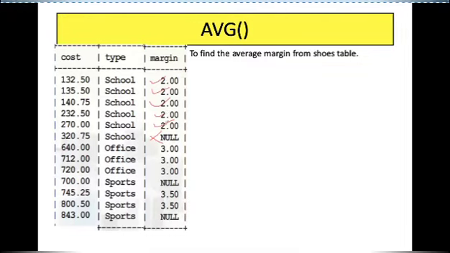So 1, 2, 3, 4, 5, 6, 7, 8, 9, 10. So total 10. This is 5, 2 are 10, 11, 10 plus 3 is 13, 16, 19, 19 plus 7 is 26. So the total is 26 divided by 10.